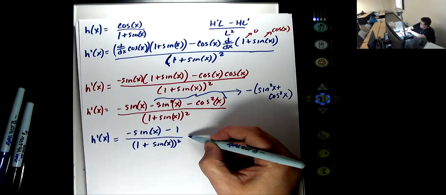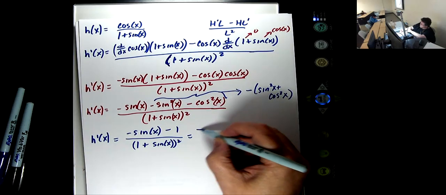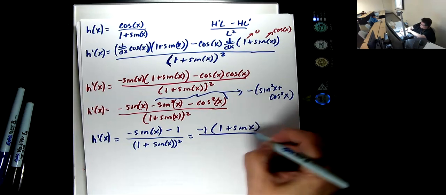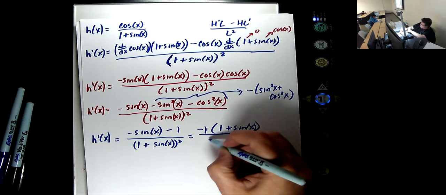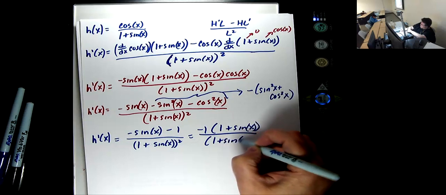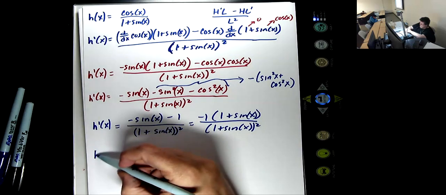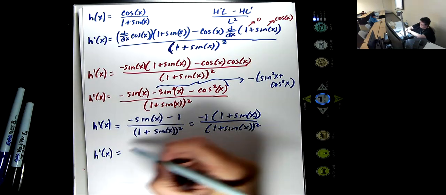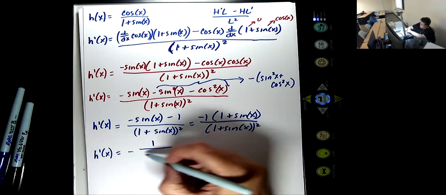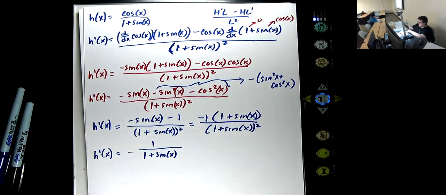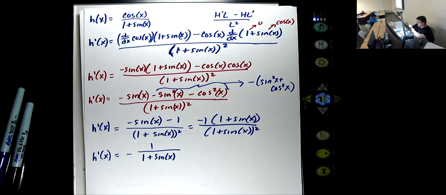If I factor out the negative, that's 1 plus sine x on top over 1 plus sine x squared on bottom. So h prime of x cleans all the way up to negative 1 over 1 plus sine x. That's crazy.